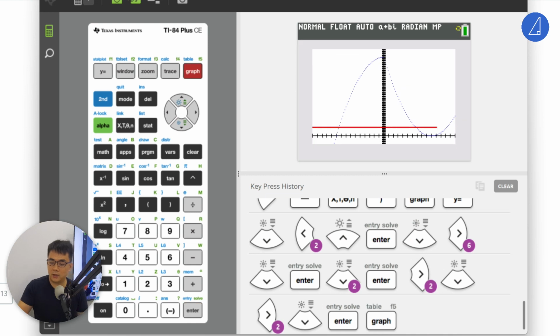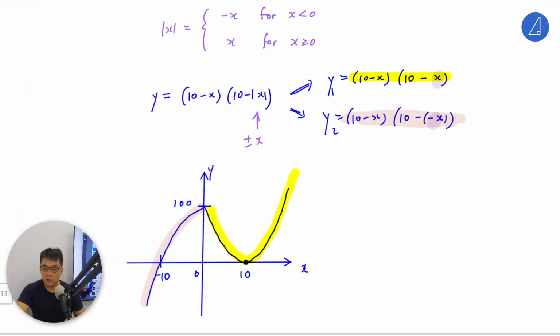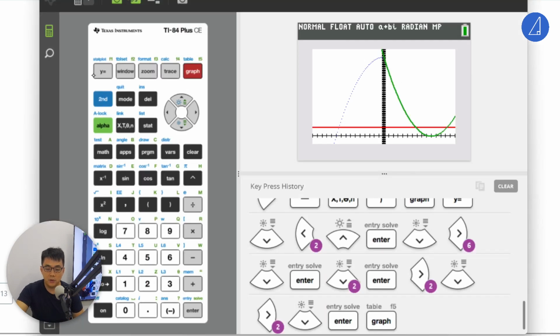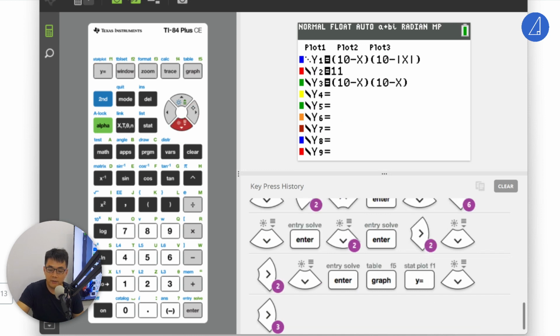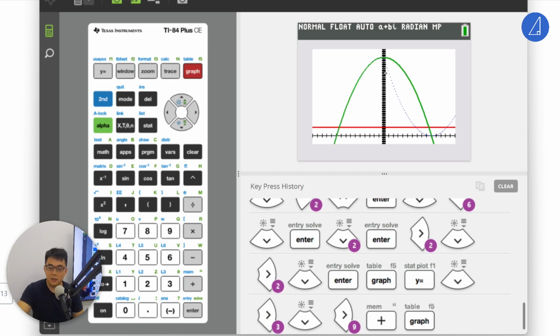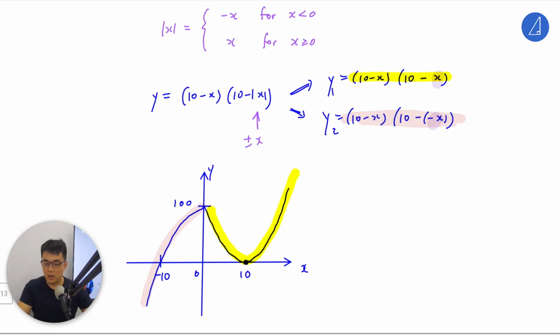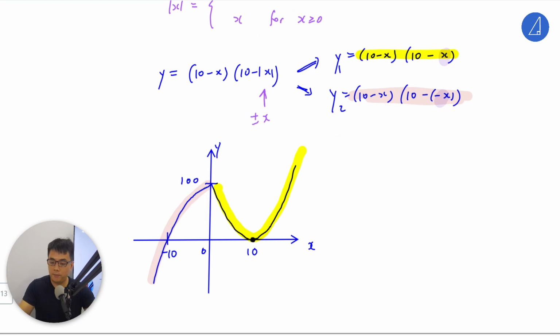Okay, so you look at this one. See this one, the overlap one. This one belongs to the positive one, the one that I key in. So the green color. So if I were to change this to a negative, it will overlap at the negative side. Okay, so this part here, there you see. So that's that.